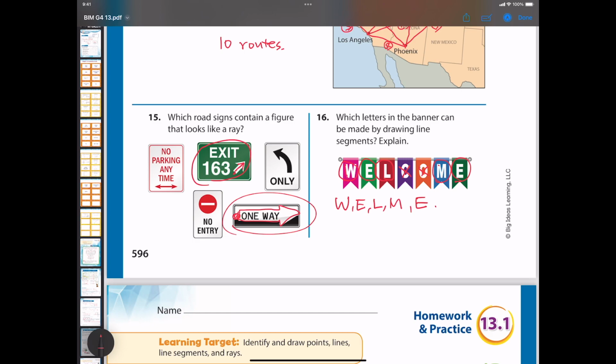These letters are formed with straight line segments, okay? If you have a line, a line cannot be curved. Curved ones are not going to be considered as a line segment. So you have to say they are straight line segments.